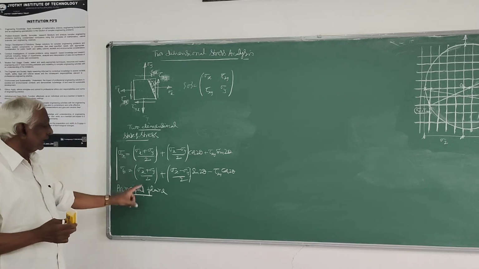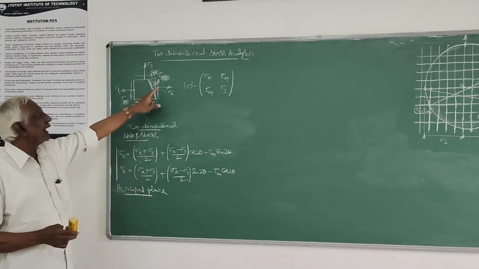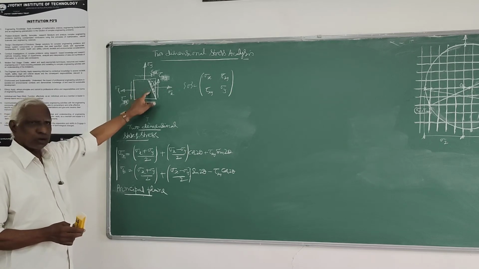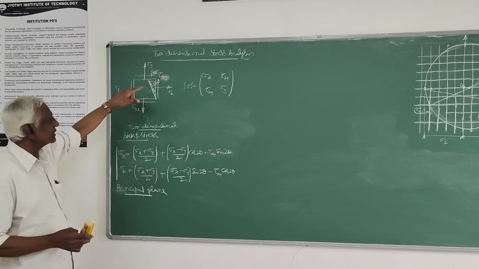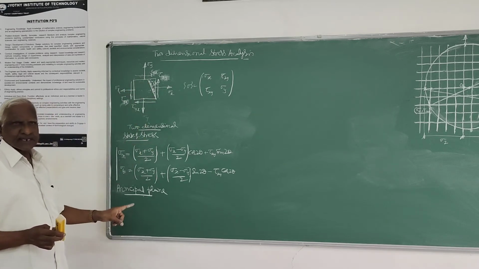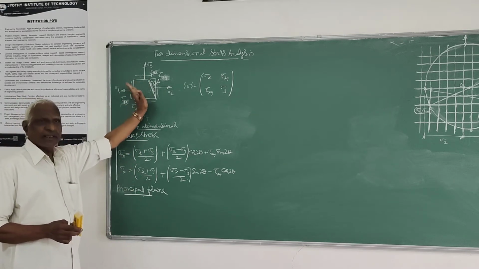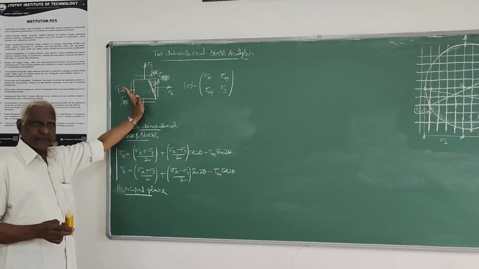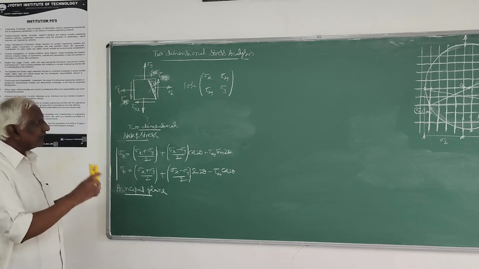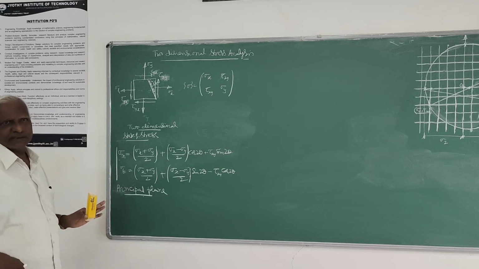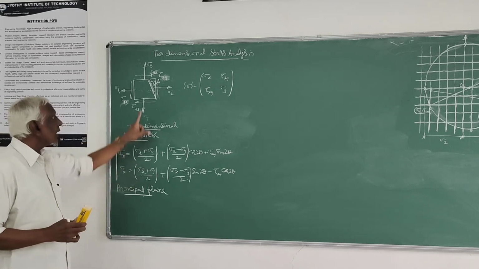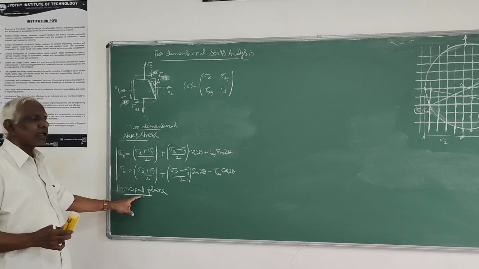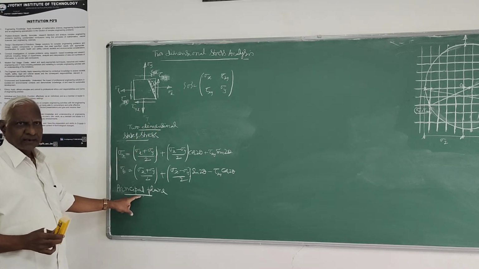That means only a normal stress will be acting. Because here I told, on any plane within the element, there will be two states of stress, normal stress and tangential stress. So you will find a plane within the element on which there won't be any tangential stress at all, pure normal stress. And that particular plane is called principal plane, right?